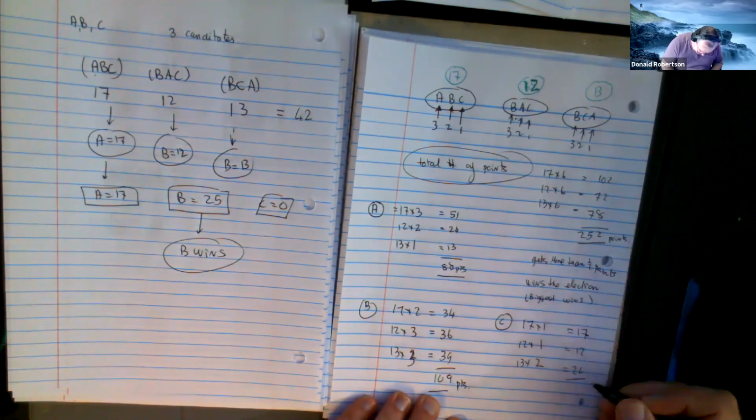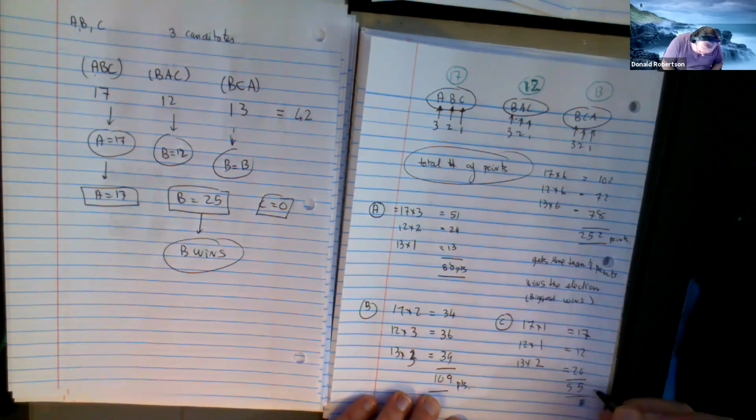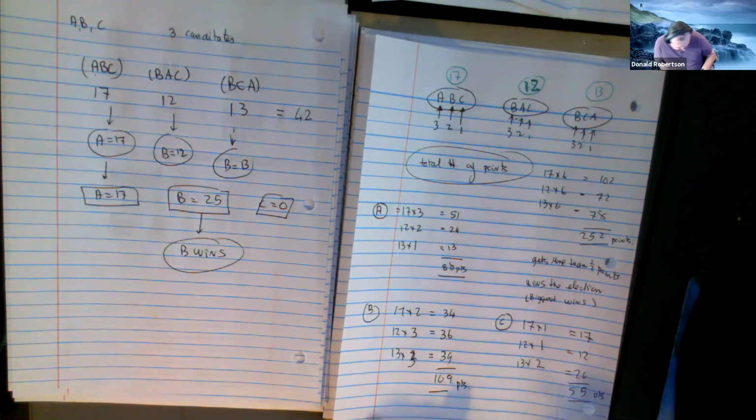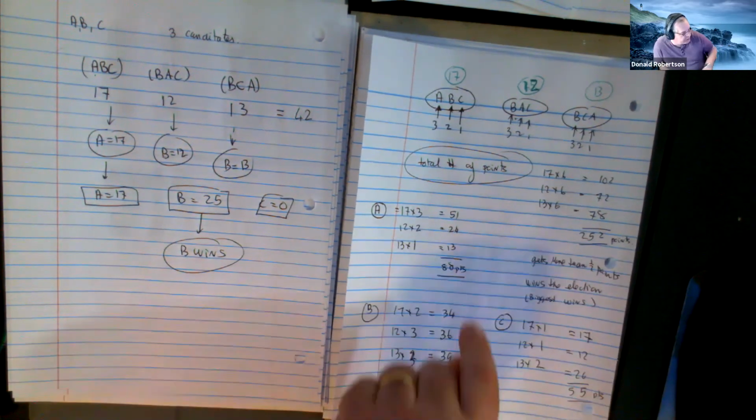And that's 55 points. So in this particular system, where you award points to first, second, and third, B wins. And he wins, or she wins, because they have got more points than any of the other candidates.